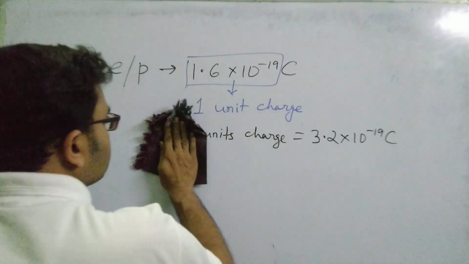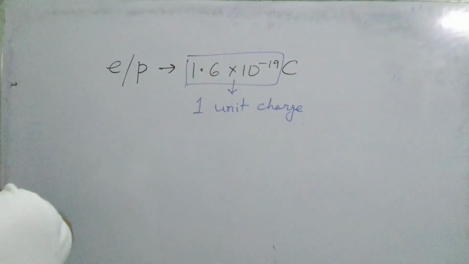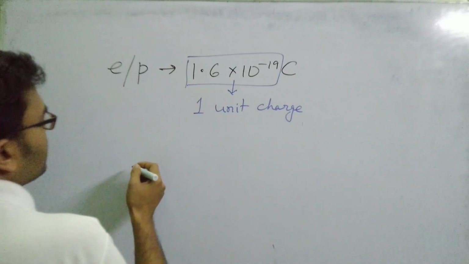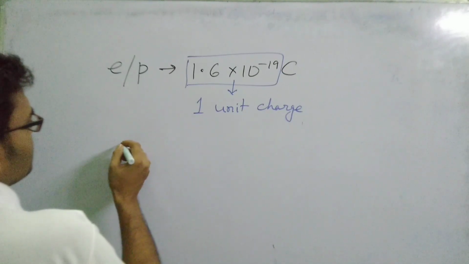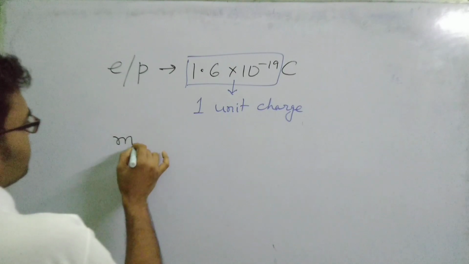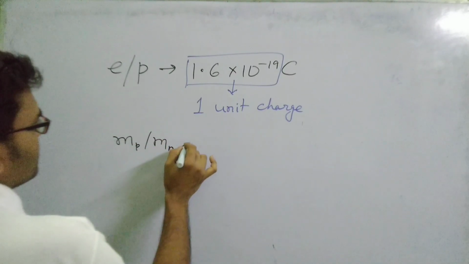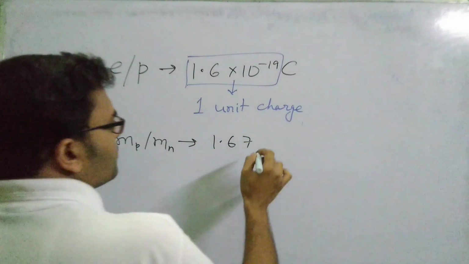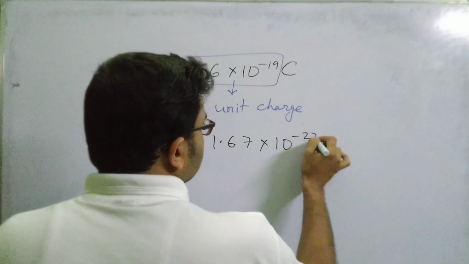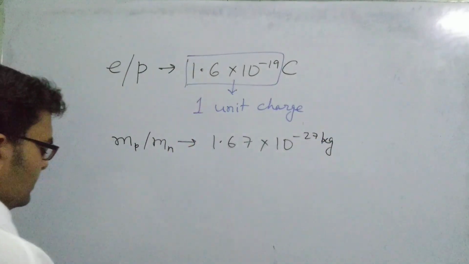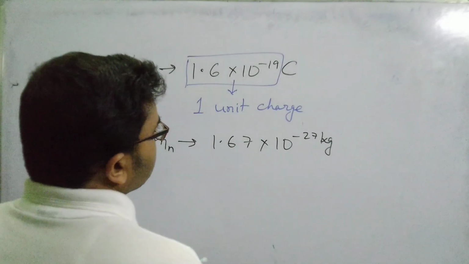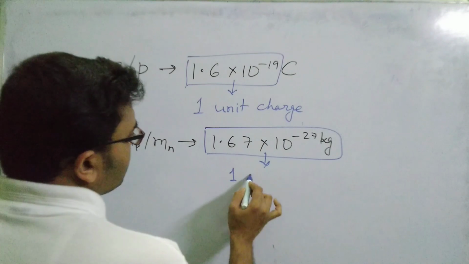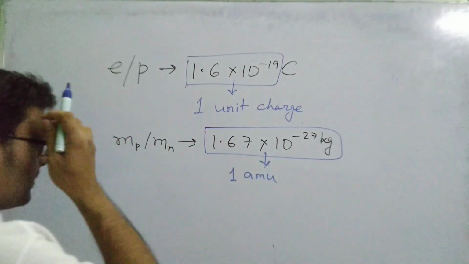So, as this value of charge is regarded as 1 unit charge, likewise the mass of the proton or neutron, having almost the same value, 1.67, let us consider up to this point, into 10 to the power minus 27 kg, this value is regarded as 1 AMU.